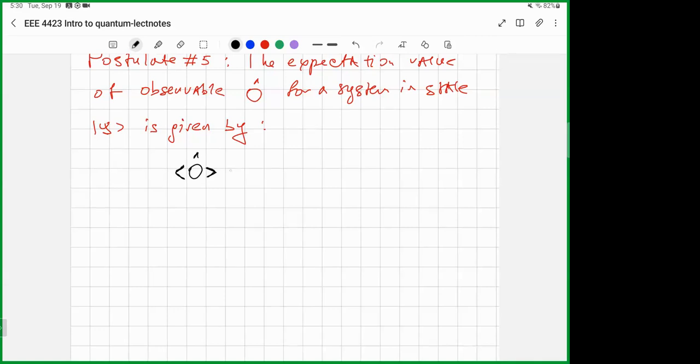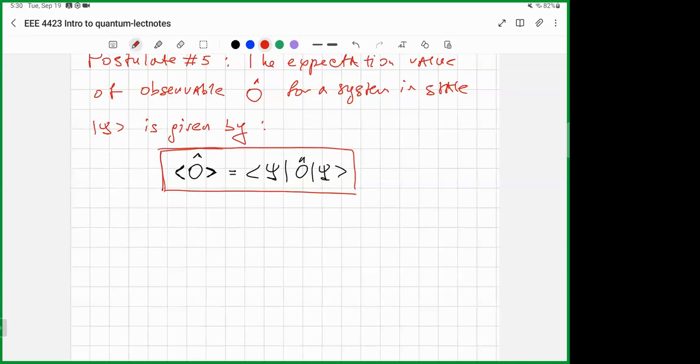So this is the average or expectation value. It's going to be psi, then operator O, then psi. The result of this operation will be a number, and that number represents the expectation value of the corresponding observable.